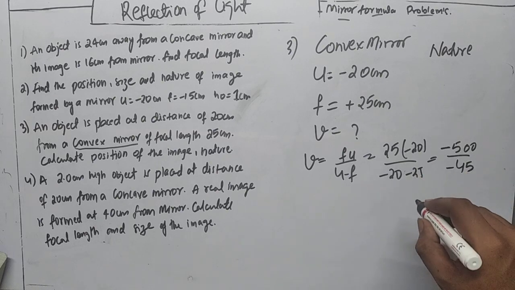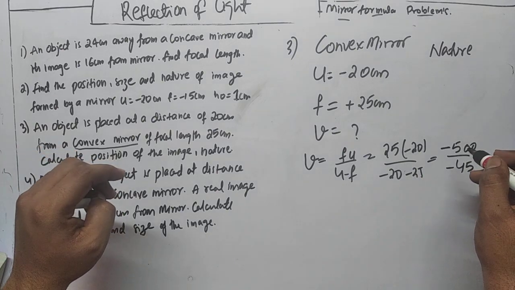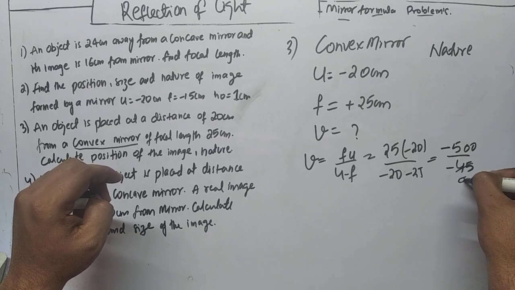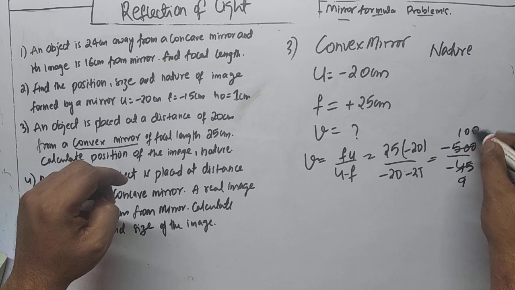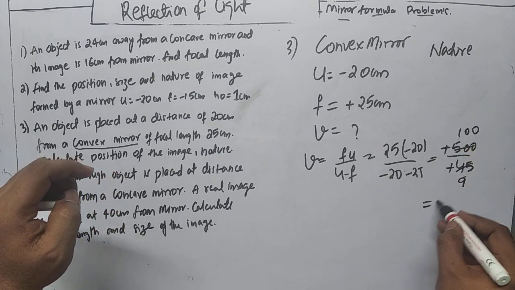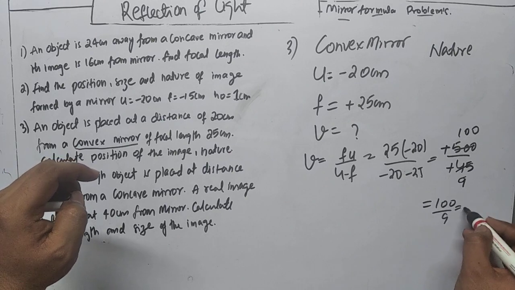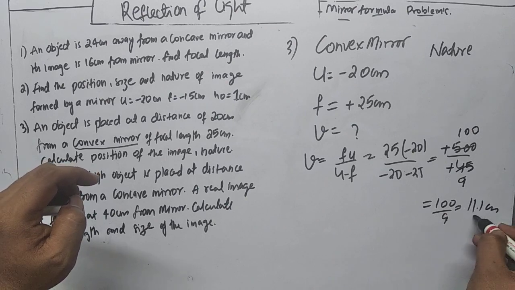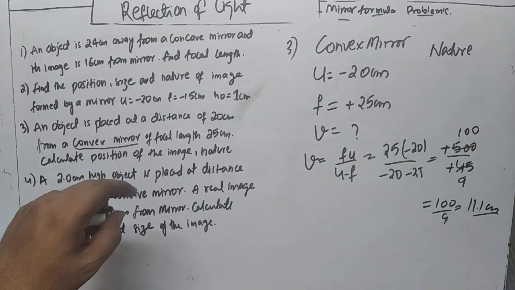We can cancel this with the help of the 5 table. 5 9s are 45, 5 100s are 500, minus minus gives plus. So we'll get 100 by 9. Simplify, we'll get 11.11 recurring. So you can say the distance v value is 11.11.